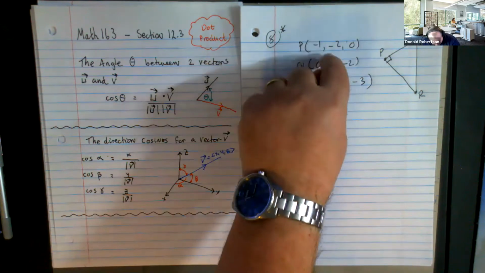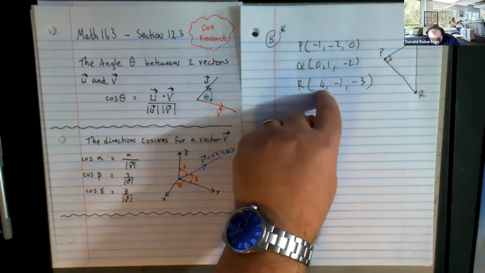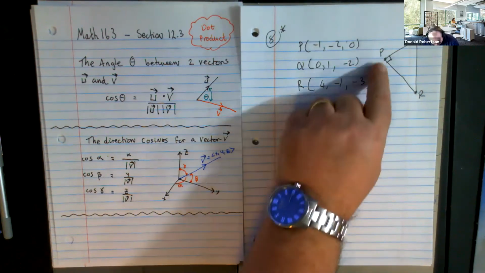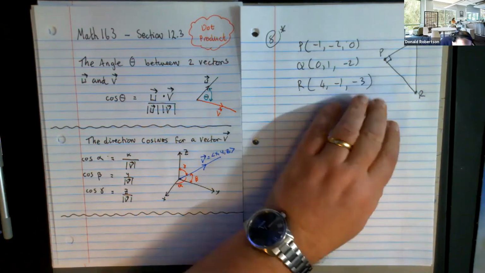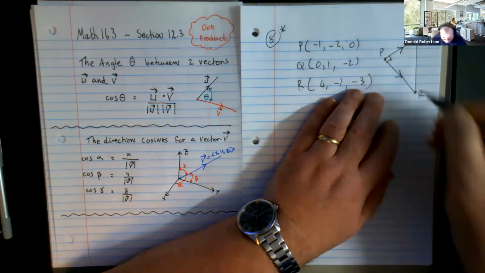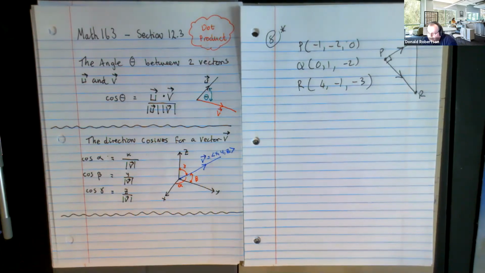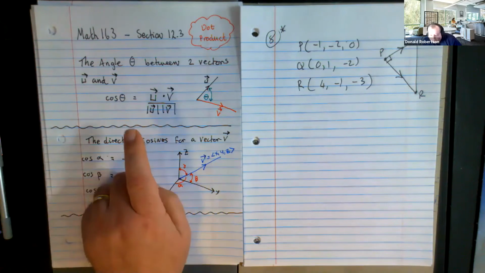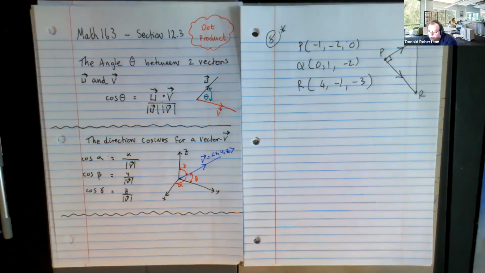We're given the coordinates of P, Q, and R. But to tell whether this angle at P is right angled or not, would you agree that we need to find these two vectors, PQ and PR? Now, if I can find those vectors, can't I then do the dot product and figure out whether or not they are right angled?